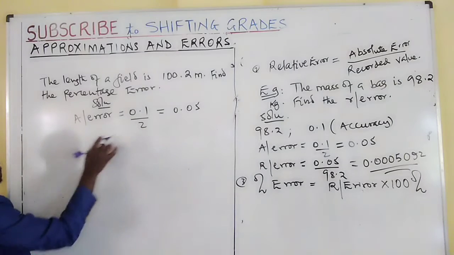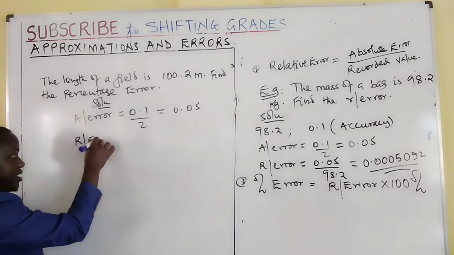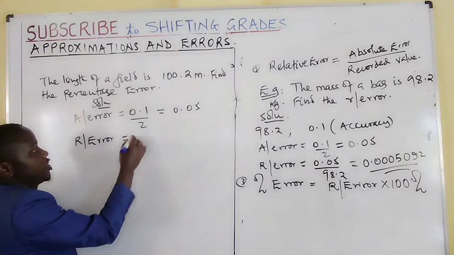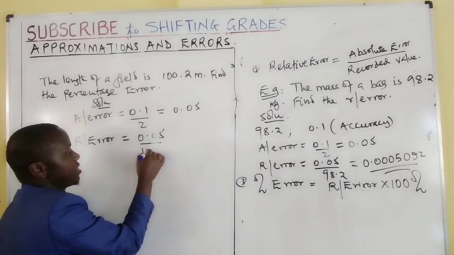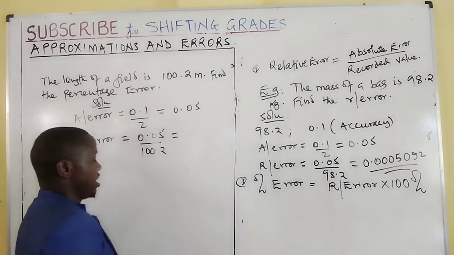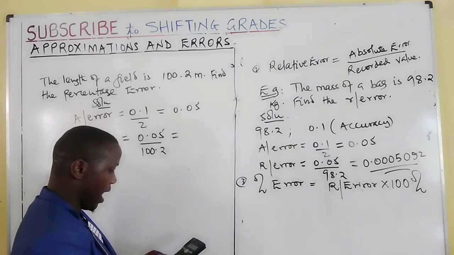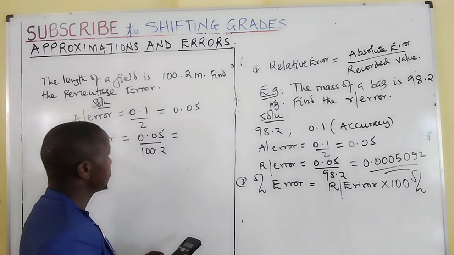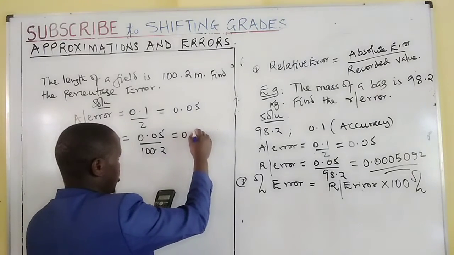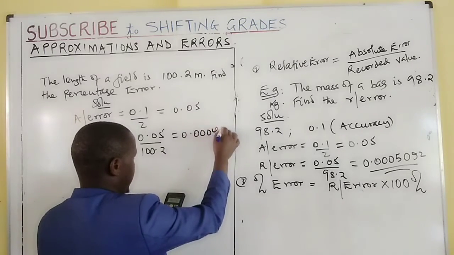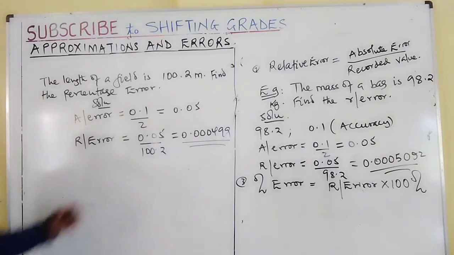So now, for us to get the relative error, we take the absolute error and divide it with the recorded value, which will be 0.05 divided by 100.2. This is giving us 0.00499. Therefore, this is the relative error.